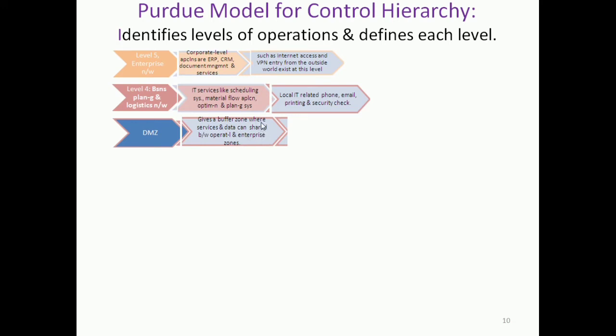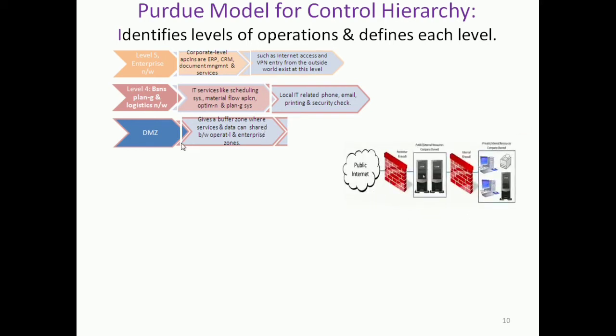The operational zone is below and the enterprise zone is above, that is layers 4 and 5. Coming to this demilitarized zone, let's observe it. This public and external resource computing facility is protected by firewalls, pictured as red walls, which protect it on either side. On one side is the public network and on the other are the company-owned systems.